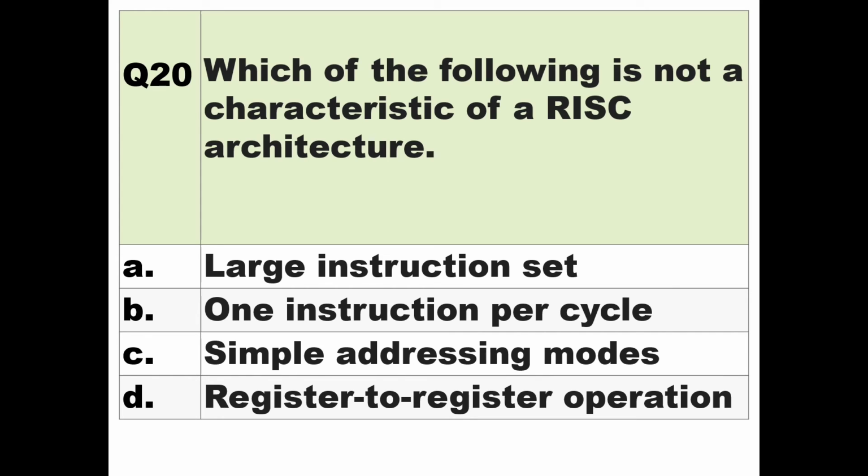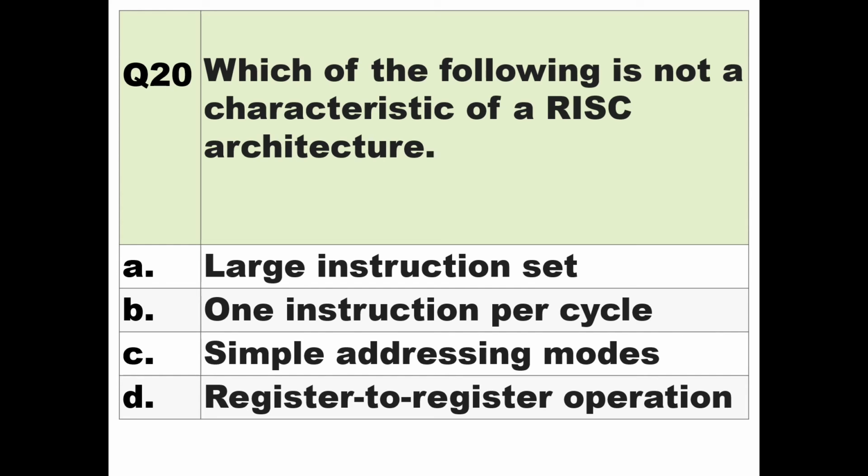Okay. So here the first thing, large instruction set, is not a RISC characteristic, because RISC has a simple instruction set. It is not large, it has very few instructions. That is why it is called a reduced instruction set. Okay, so options B, C, D are true, but option A is not true. So this is not a characteristic of RISC.